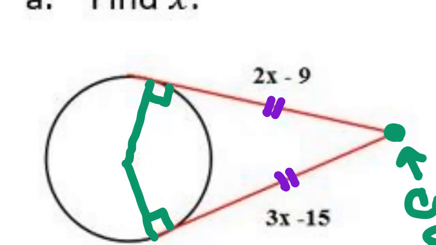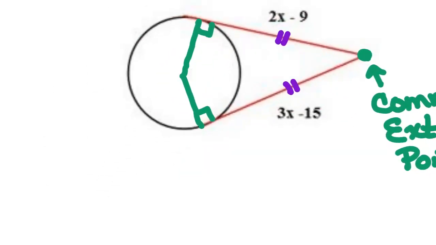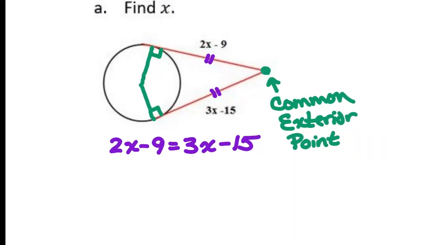And what can I do with things that are congruent? I can set them equal to each other, yes. So I would have 2x minus 9 is equal to 3x minus 15. And then we can solve this for x.